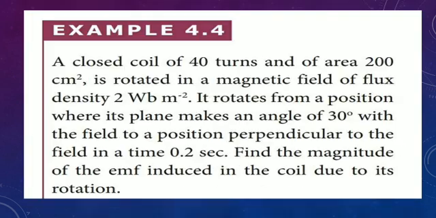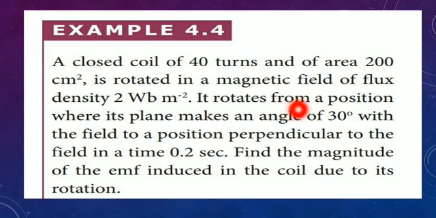Next, problem 4.4. In this problem some data is given. A closed coil of 40 turns and of area 200 centimeter square is rotated in a magnetic field of flux density B equal to 2 Weber meter power minus 2.